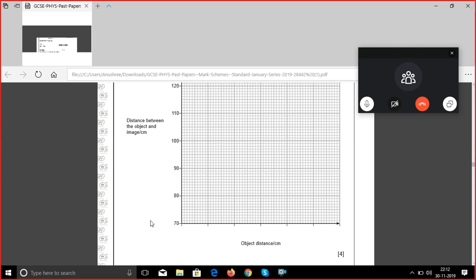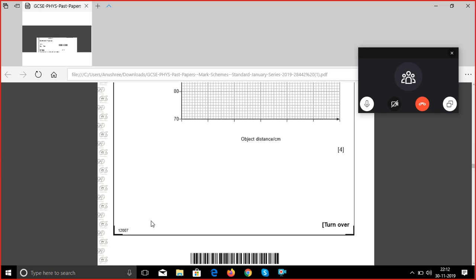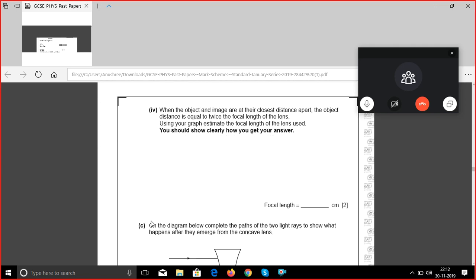Number 4. When the object and image are at their closest distance apart, the object distance is equal to twice the focal length of the lens.